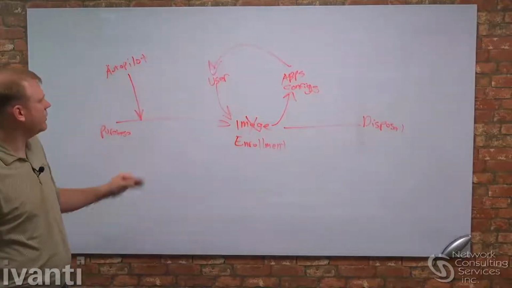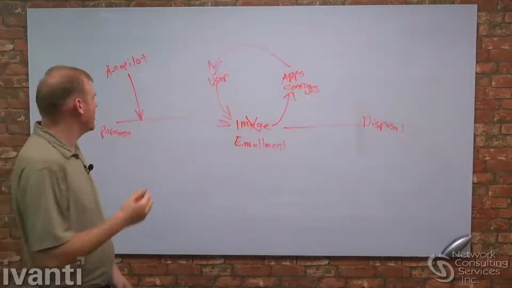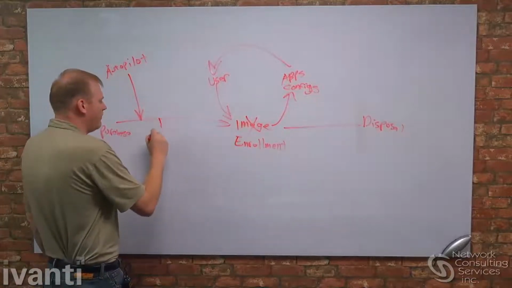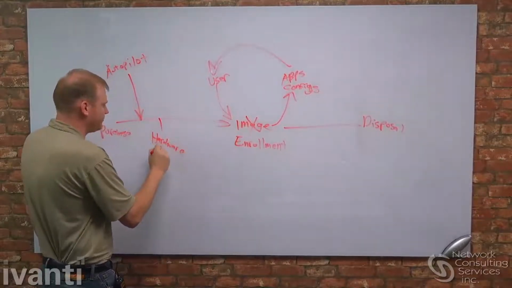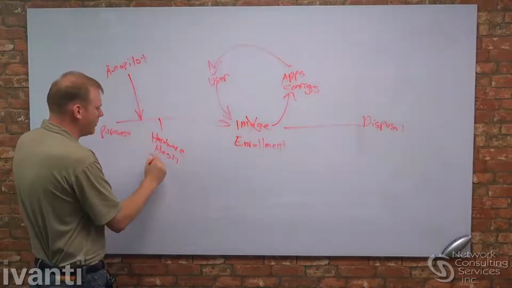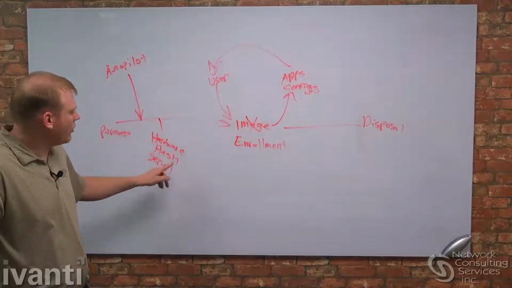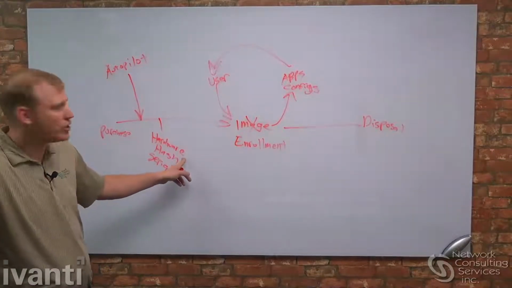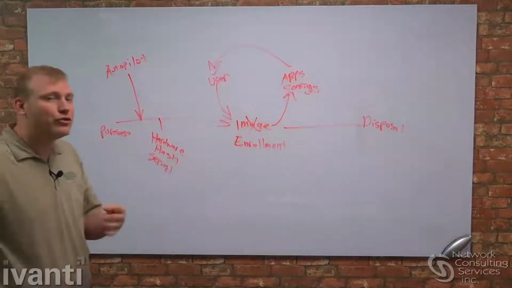What we're going to do is we're going to put into a Microsoft database some interesting components. We're going to put in the hardware hash and the serial number. Serial number is not quite unique enough for us in this world, so we have to compute a hardware hash, and I'll show you what that looks like. But if we're doing it at the time of purchase, we can actually have the manufacturer do that for us.